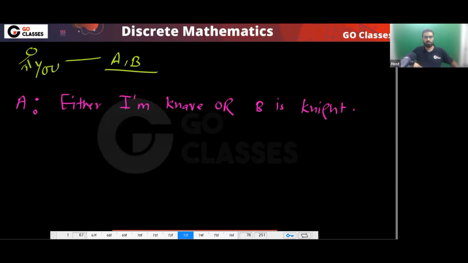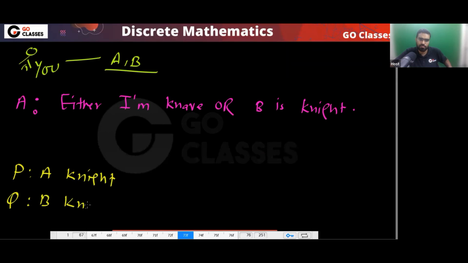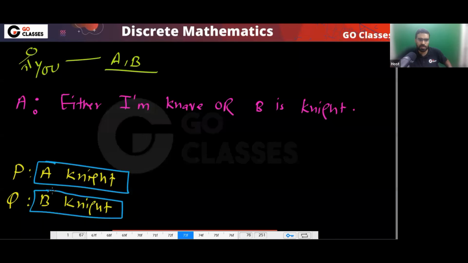So tell me what this A is saying. Let's assume that P means A knight and Q means B knight. These are the two propositions.